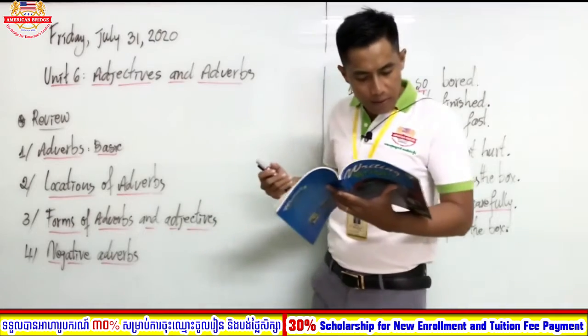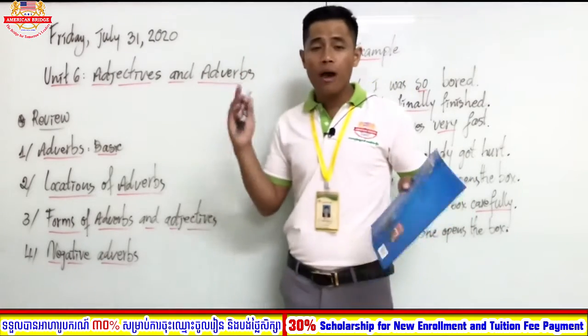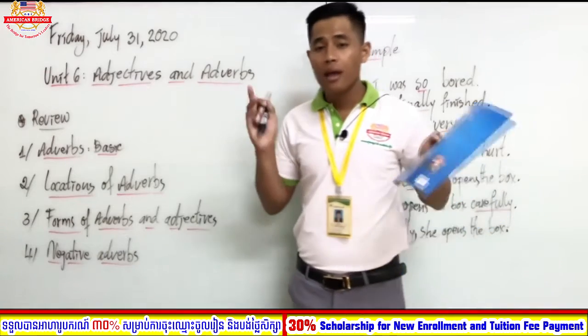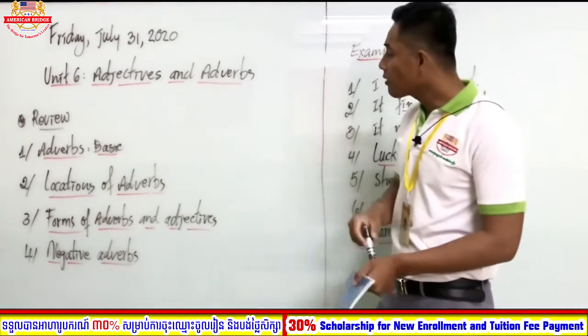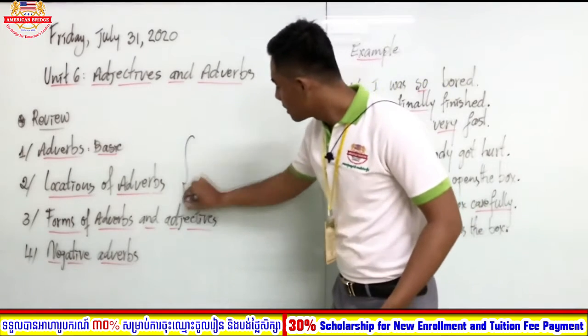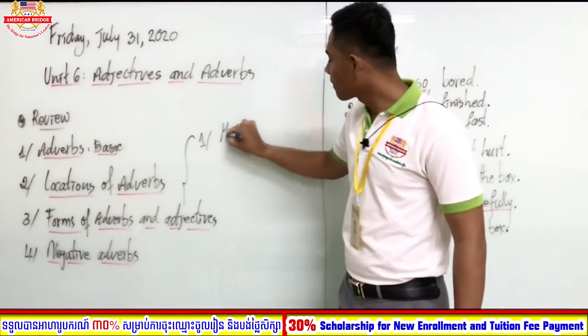Okay students, look at number 2, location of adverbs. How many locations of adverbs have you learned? There are 3 locations. The first one is in the middle of the sentence.